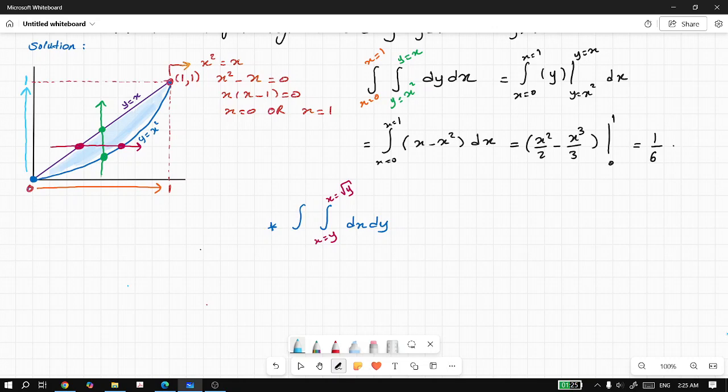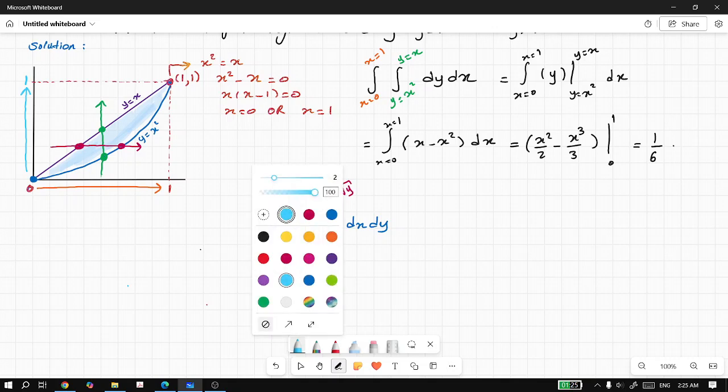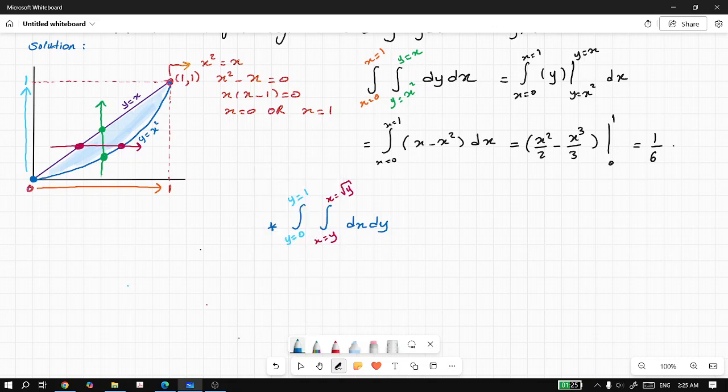So the limits of integration for y become y equal to 0 and y equal to 1. Solve that integral. We get y equal to 0, y equal to 1, with respect to x, x running from y to square root of y, and we have got dy here.